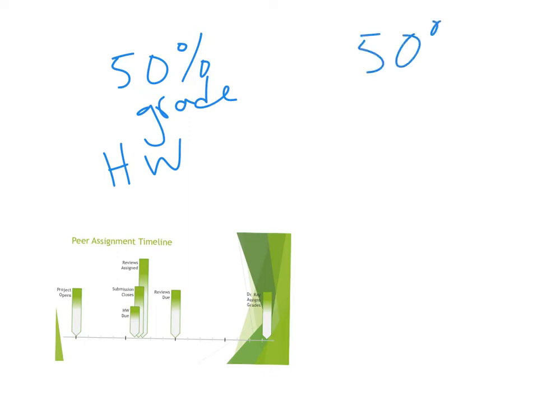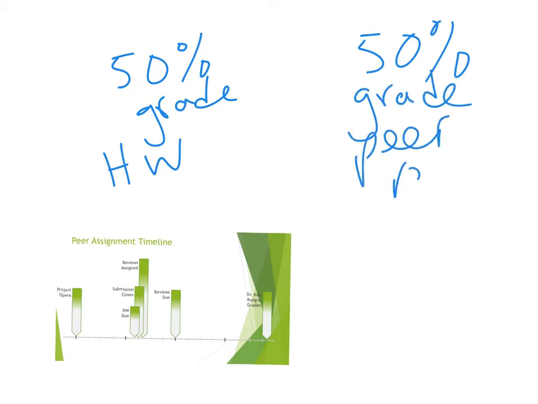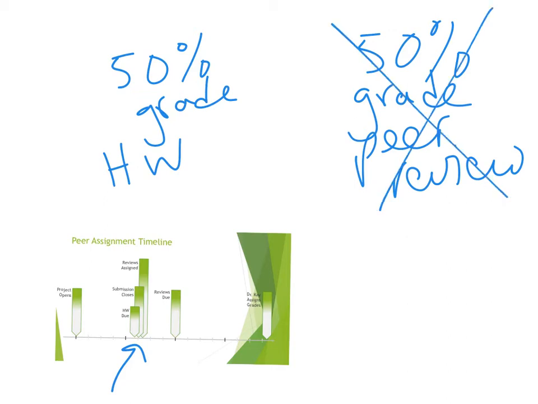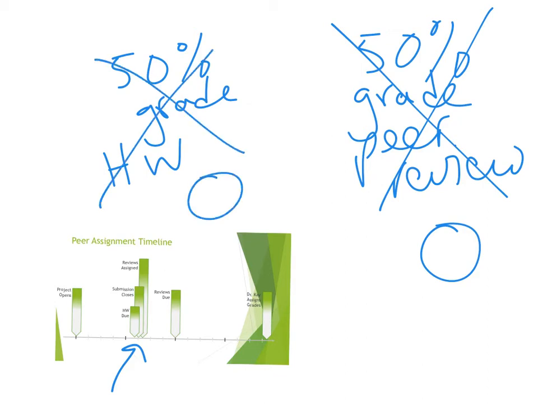And 50% of the grade comes from doing your peer reviews. Now, you can only do peer reviews if you have submitted a homework. If you have not submitted a homework, you can't do a peer review, so you get a 0. And if you have not submitted a homework, you can't get anything on that, so you get a 0. So the best way to get a 0 is to not submit anything.